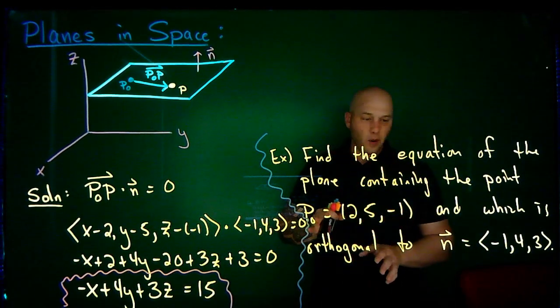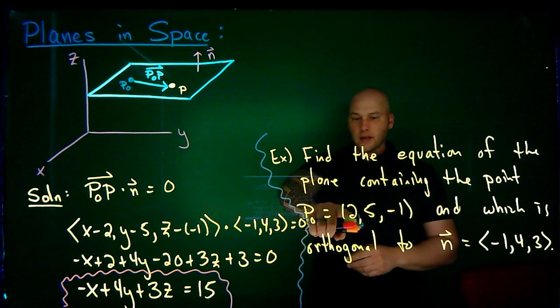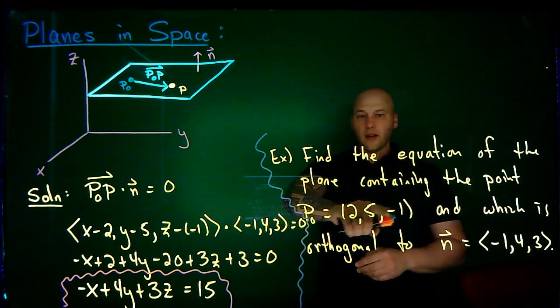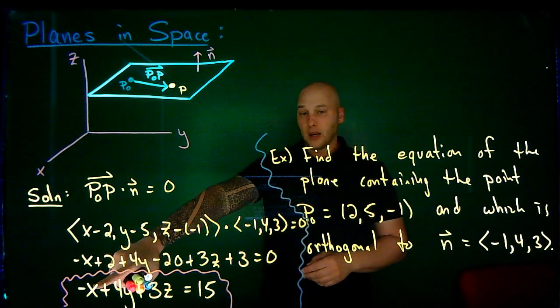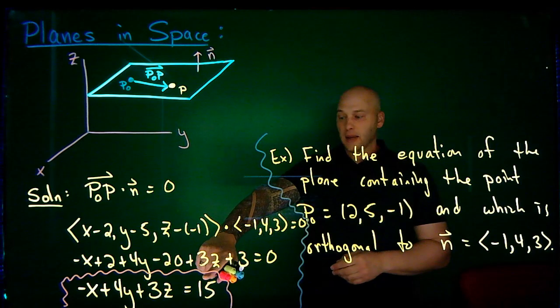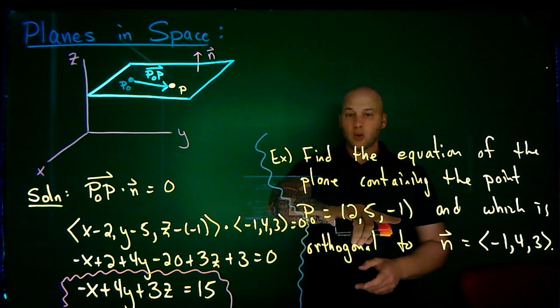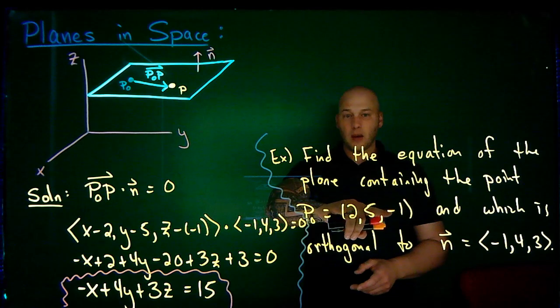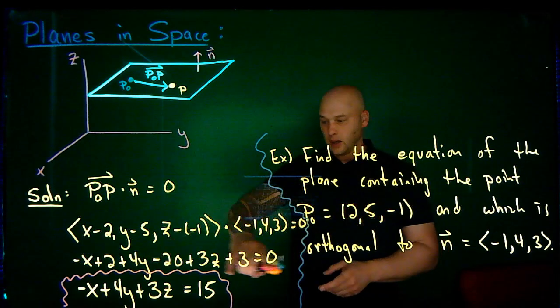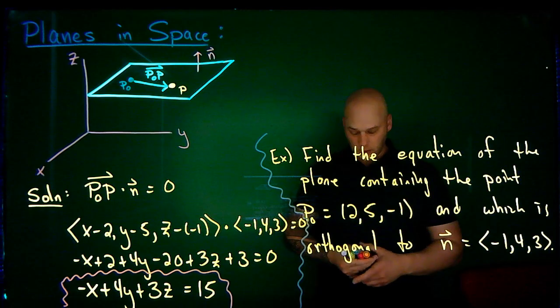First and foremost, if I take the original point, the 2, 5, negative 1, I could plug it into this equation here, and I see that it's actually going to satisfy it. So that's just one quick test to make sure that we have our example right.